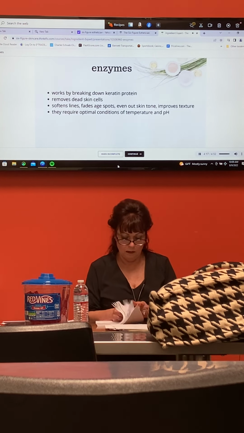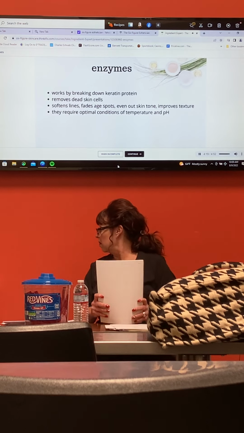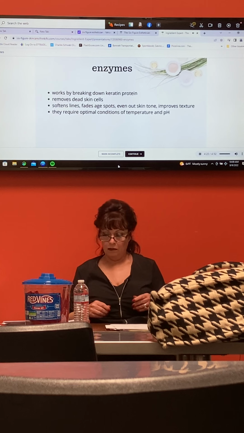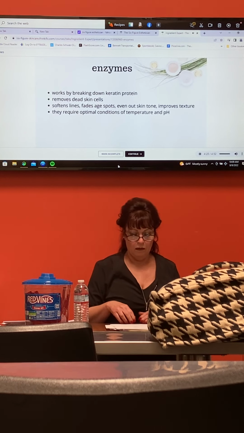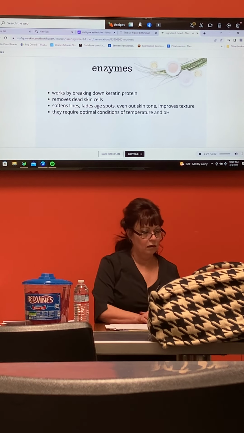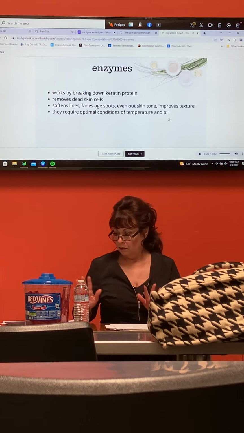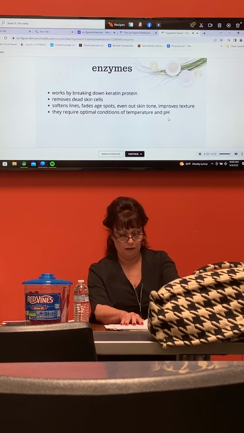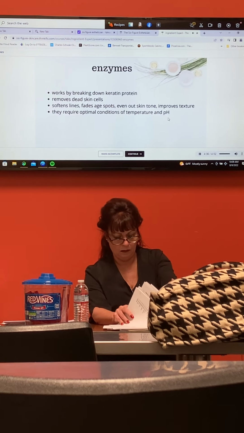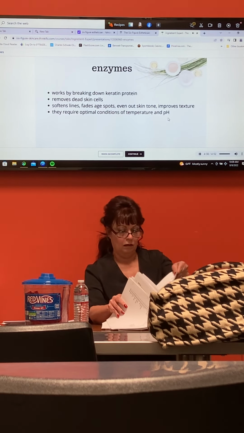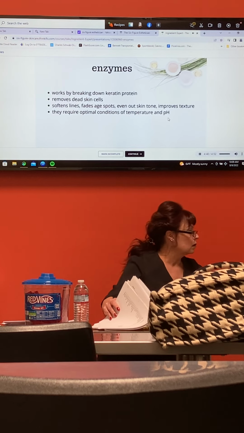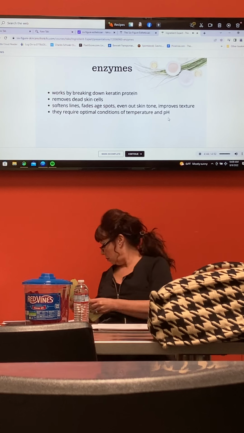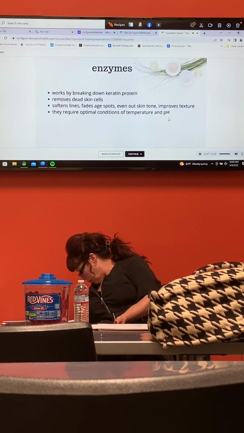Always look at the skincare company you're getting your enzymes from and follow their directions. It's so important, and make sure you follow the shelf life, because each enzyme, depending on what fruit it's formulated from, has a different shelf life. One enzyme might only have a shelf life of 6 months, one might have a year, one might have 2 months. So you really want to be aware of what those are.